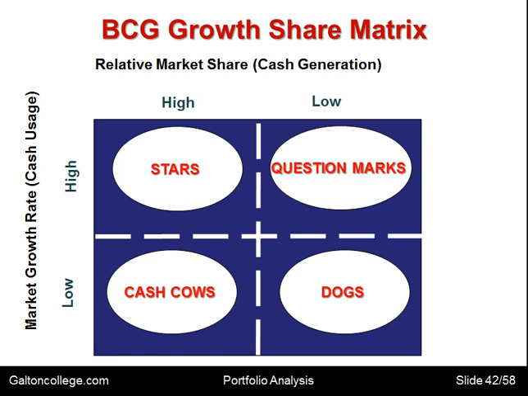So a company that's growing fast and has high market share is a star. A company that's growing fast and has low market share is a question mark. A question mark because it may become a star. And we can go through the same for dogs and cash cows.